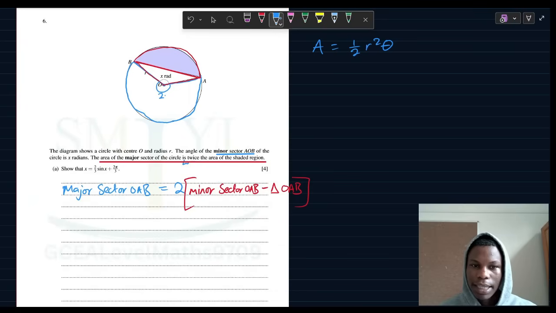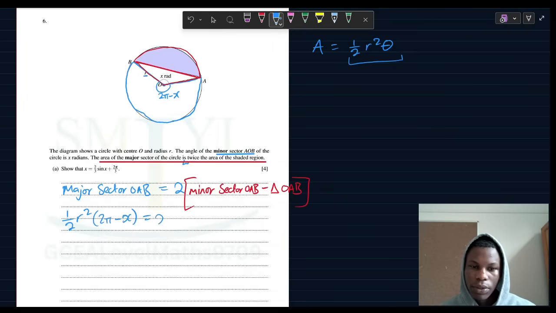So we can say that the major angle here is going to be 2π minus x. And so substituting into here, our area is half, we've been given that our radius is r, so half r squared, our theta is 2π minus x.